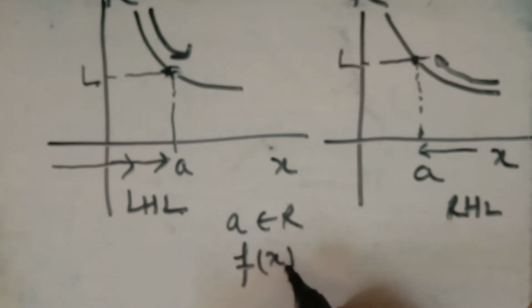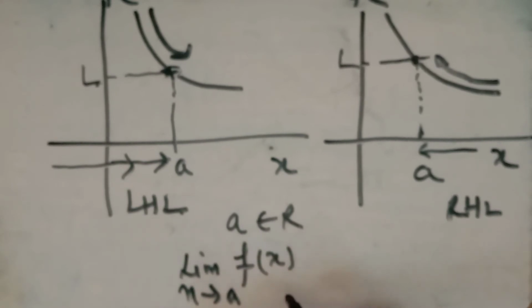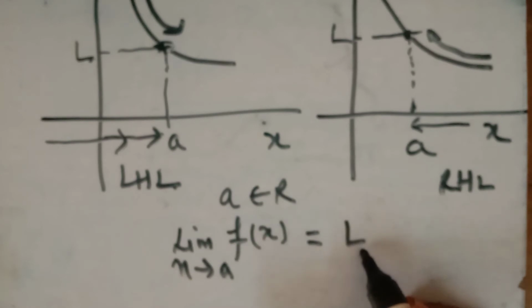Then we say that the limit of the function f(x) at x equal to a is equal to L, as the value of x approaches a, either from the smaller values of a or from the greater values of a, and this is known as the limit, that is, x approaches or tends to a. The limit of this function is L.